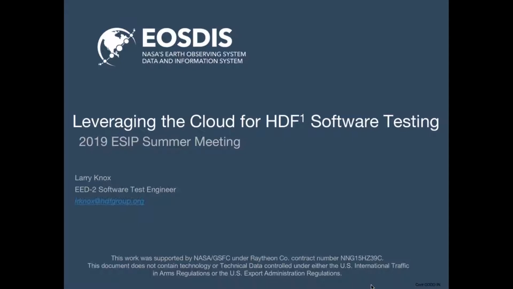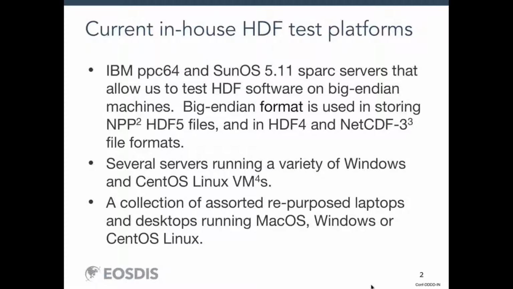These allow us to test the HDF software on big endian machines, which is becoming less of an issue probably, but HDF still supports both big and little endian. We also have several servers running a variety of Windows and CentOS Linux VMs. And we have a collection of assorted repurposed laptops and desktops that run macOS, Windows, or CentOS Linux.